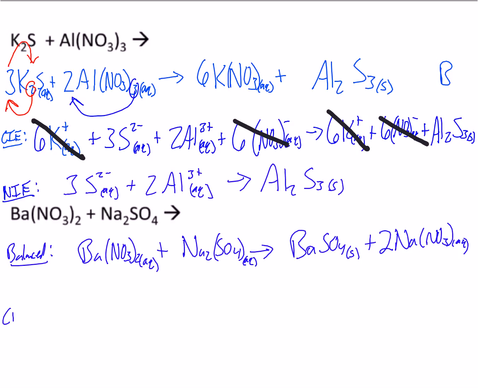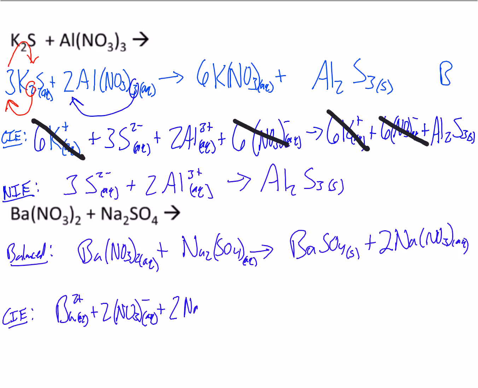Now I can go through and do my complete ionic. So I can break it apart. Ba2+ aqueous plus 2 nitrate ions aqueous. Why can I break that up again? Because it's aqueous, right? It's soluble.